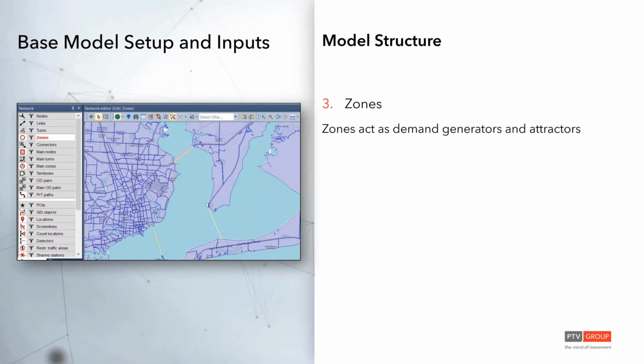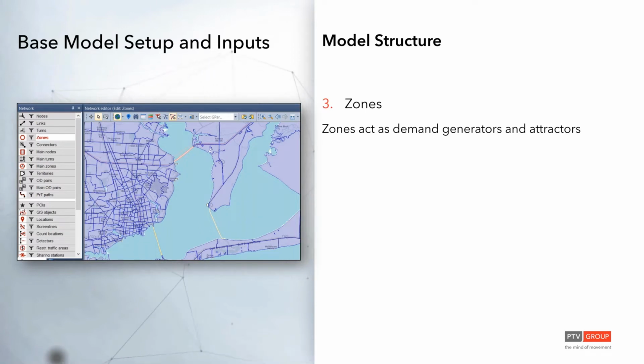Now, sometimes in other modeling, nodes are represented as zones, but in Visum, they're different objects than the nodes themselves. Again, the nodes represent junctions, and the zones are the actual demand generators and attractors. Nodes don't generate or attract any demand. They just act as gateways between links and the connectors.